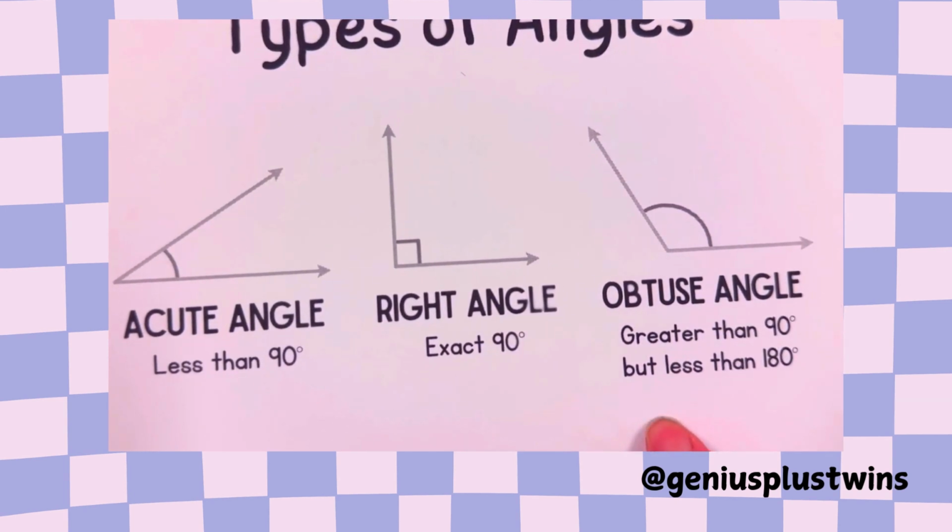The third one is the obtuse angle, and it measures more than 90 degrees, but less than 180 degrees. Picture opening a book about halfway. The angle between the covers would be obtuse. It's wider than a right angle, but not flat.